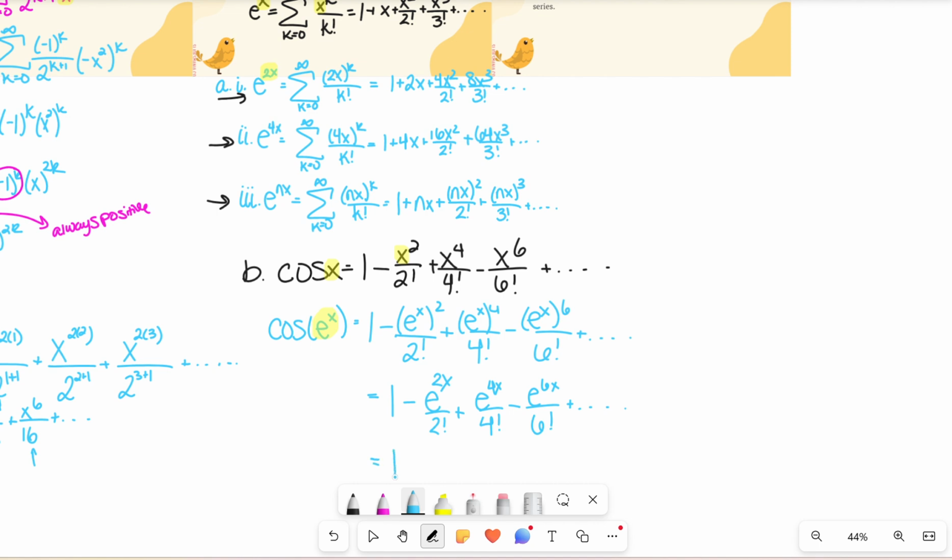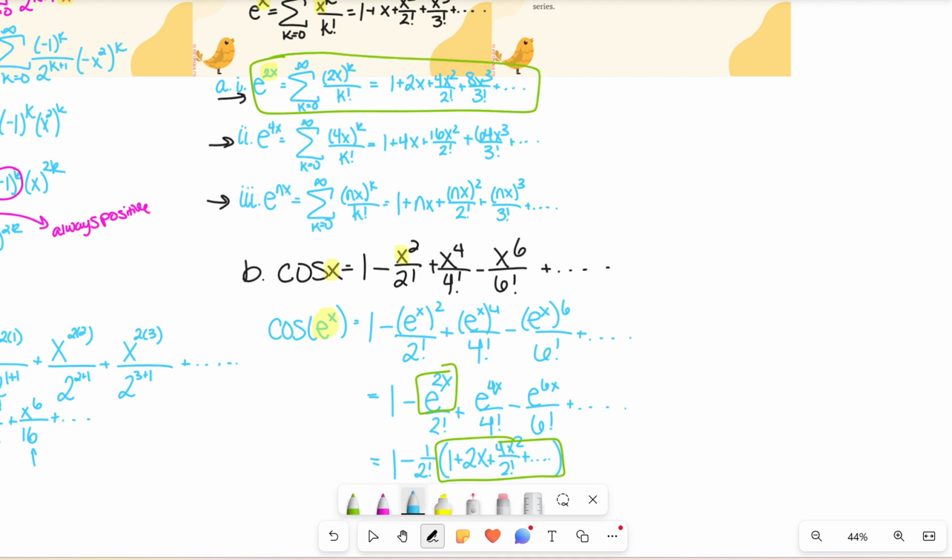So from part A, I know that e to the 2x, I'm going to rewrite this as 1 over 2 factorial. I know that e to the 2x is 1 plus 2x plus 4x squared over 2 factorial, and this pattern is going to continue. So again, this is coming from e to the 2x right here. And I'm going to do the same thing with the rest of my terms.